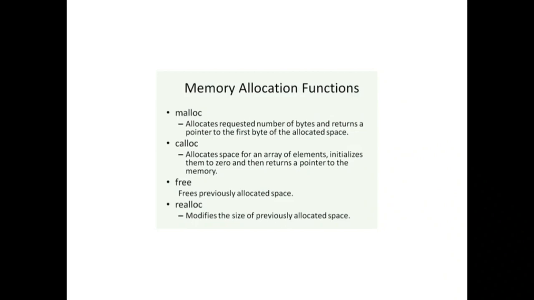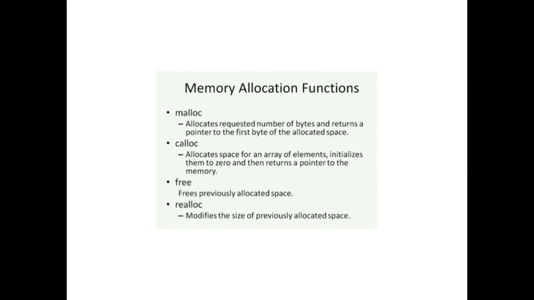The calloc allocates space for an array of elements and initializes them to 0, and then returns a pointer to the memory location. Now malloc and calloc have only one main difference. In malloc, if you try to access a memory location in the block that has been assigned by malloc, and you haven't written anything to that location, you may end up with a garbage value there.